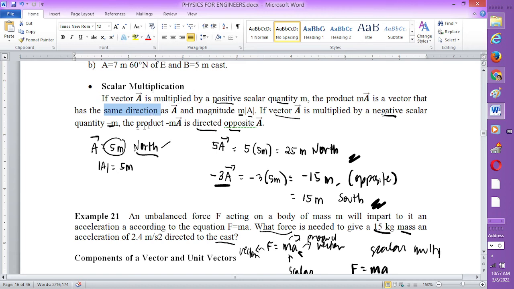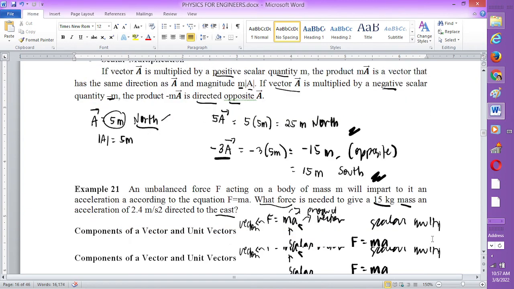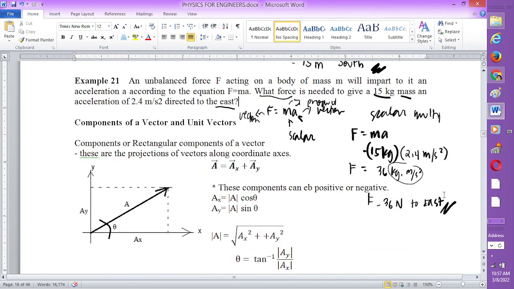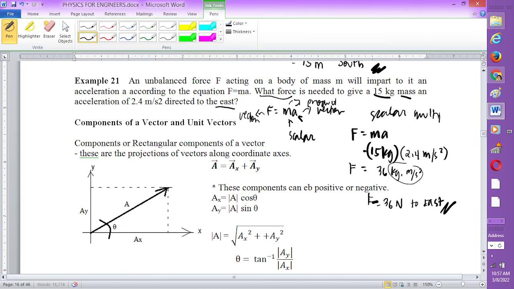But if it is a negative scalar, it will have the opposite direction. So in this case, if your mass were negative, then your direction would become west. But since the mass is positive, whatever the direction of your vector, the result will have the same direction. Did you get it, class? That is the answer for example 21.